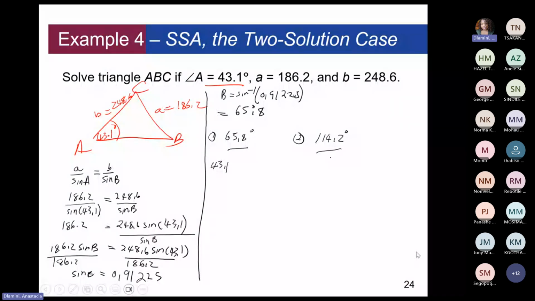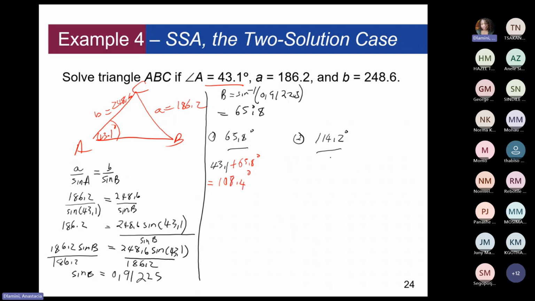So you say 43.1 plus 65.8 degrees. What do you get? It's 108.4 degrees.